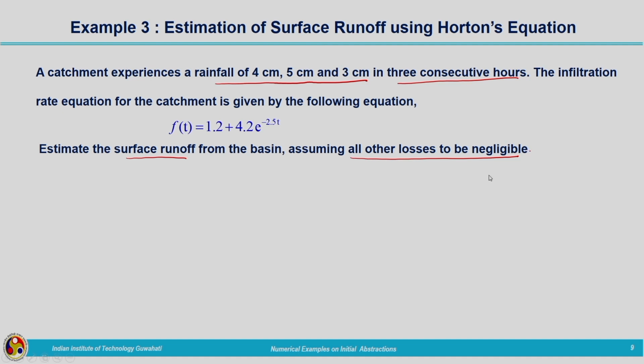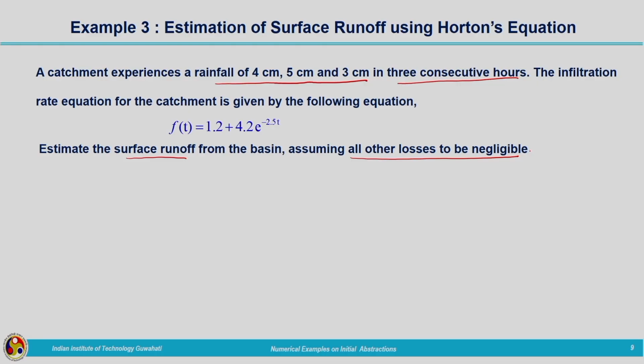Here you can see the infiltration rate is represented by means of an equation. That equation is given to you, and the rainfall depth is also given to you for 3 consecutive hours. Rainfall in terms of depth, that is the hydrograph, is given to you, and the infiltration rate equation is also given to you.